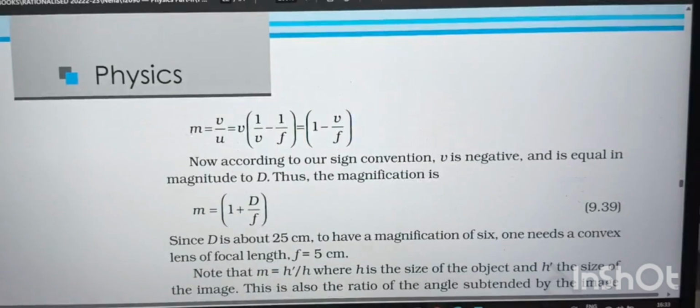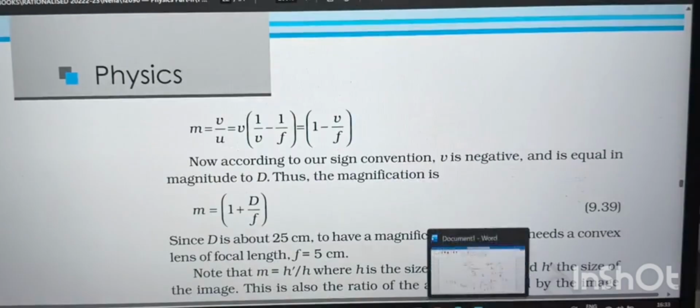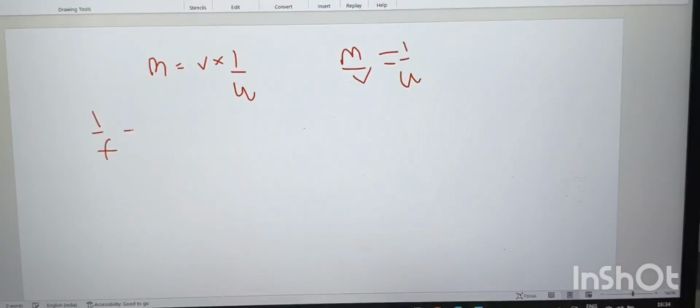We know magnification will be v upon u. So let me write it this way: magnification equals v upon u, which I can write as v into 1 upon u. Now take the normal lens formula: 1 by f is equal to 1 by v minus 1 by u.